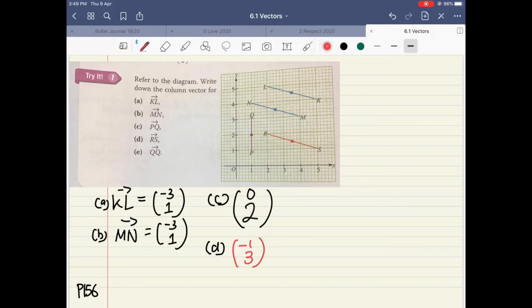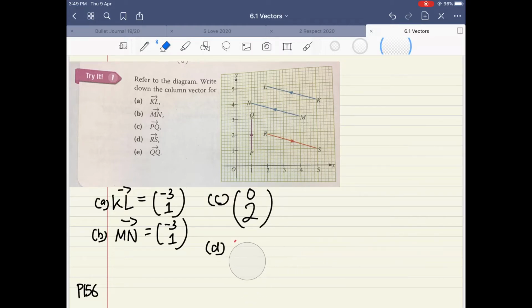Why is this incorrect? It's because you took the y value on top and the x value below. If you notice, for a column vector, it should always be the x displacement on the top and the y displacement at the bottom. Hence, negative 1 and 3 will be incorrect.